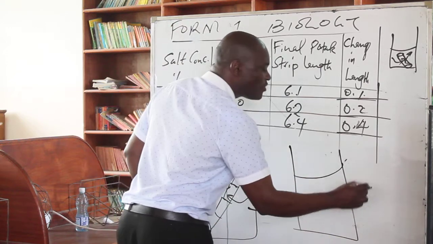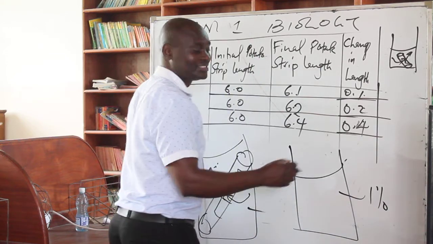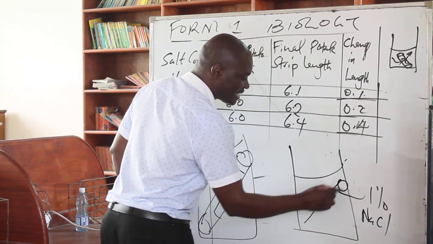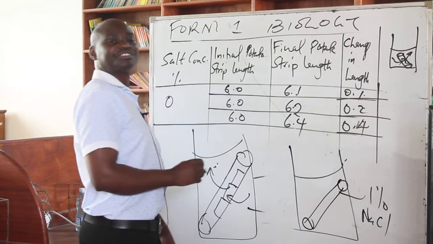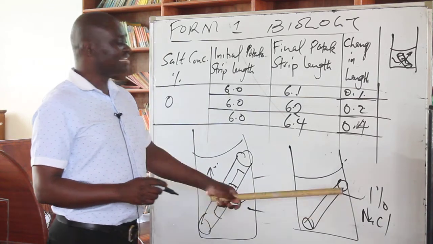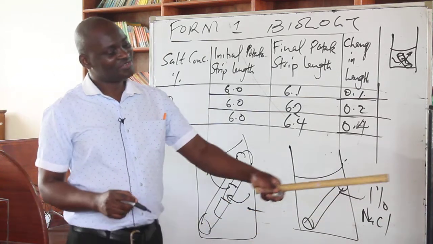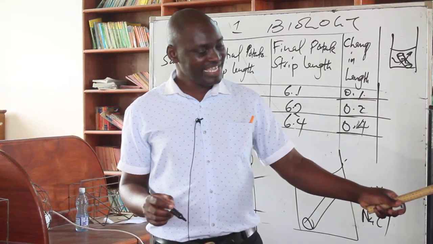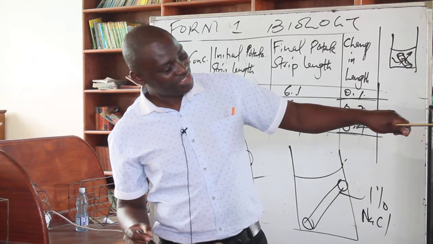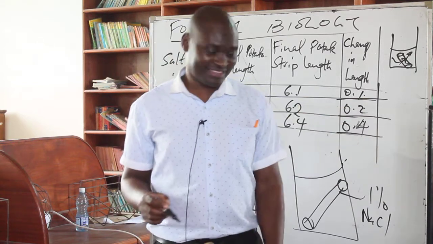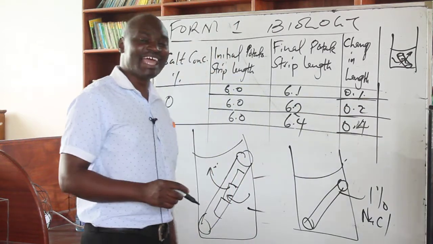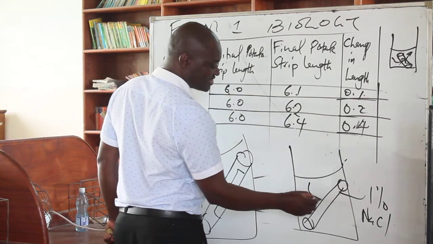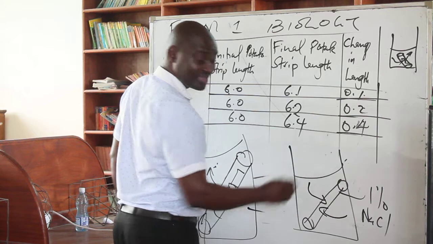So if you have 1% sodium chloride and you place a potato strip, then at the end there will be an increase in length, which means that water has moved into the potato.